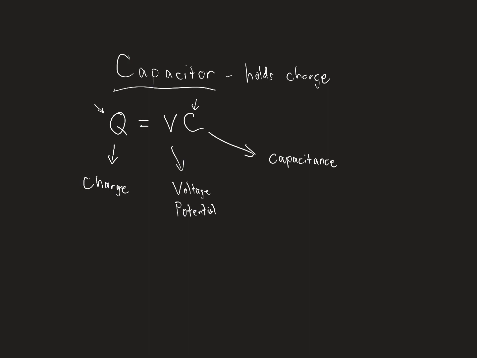What are the units of capacitance? So we know the units of charge. What were the units of charge again? So we're going to write this equation in terms of units. Units of charge. Coulombs equals units of voltage. What are the units of voltage? Joules per coulomb or volts.